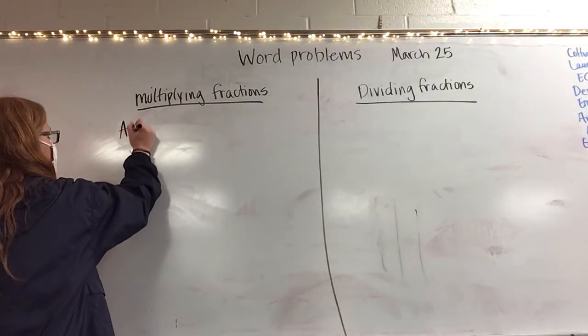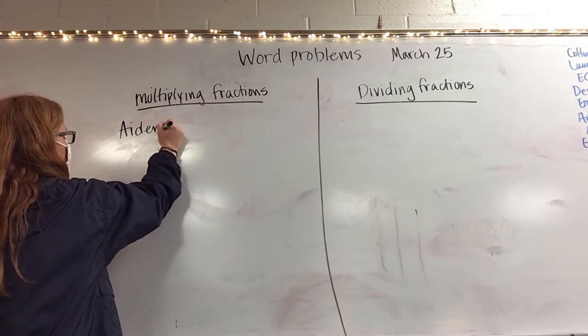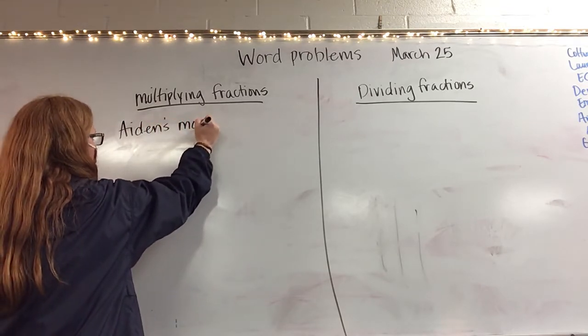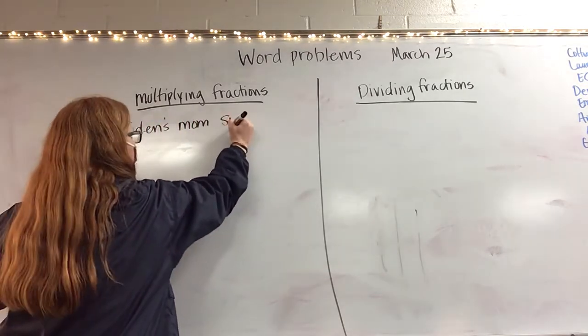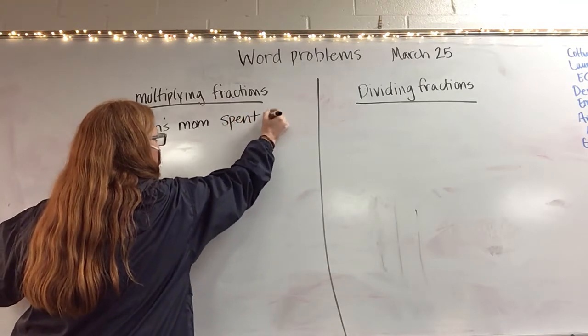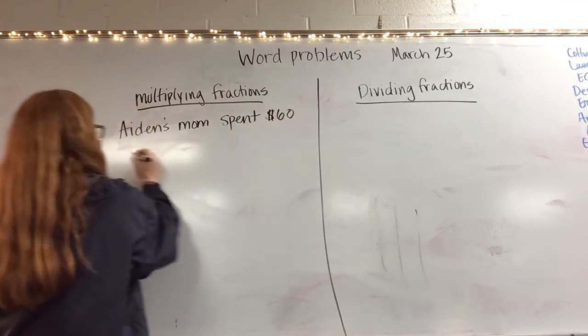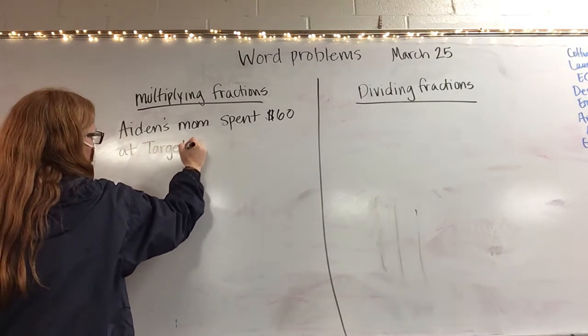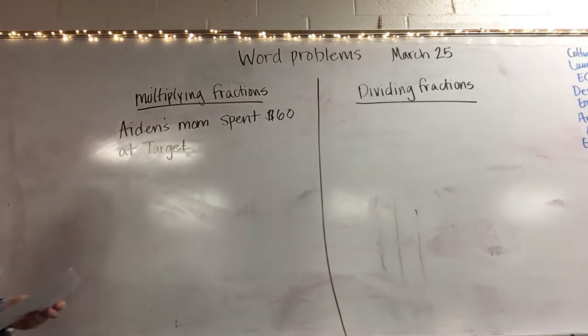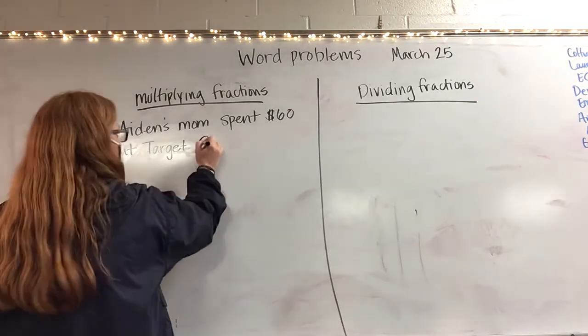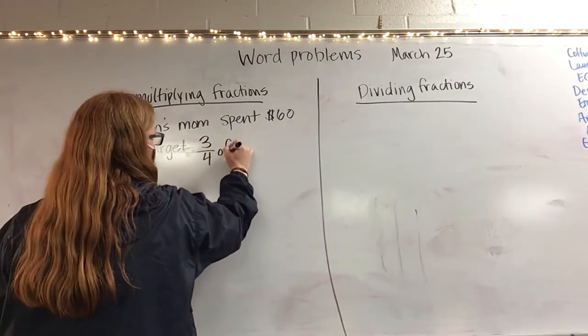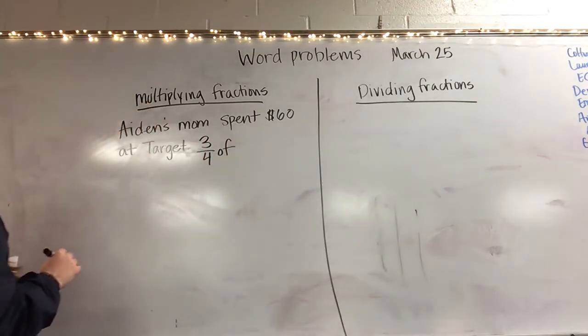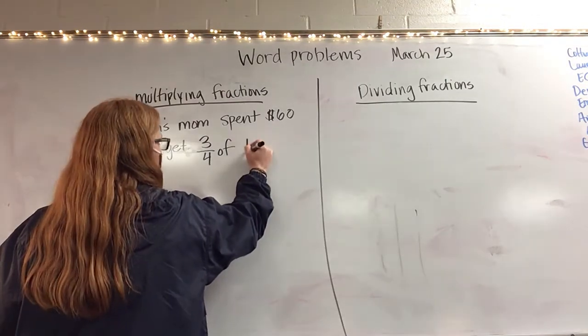Aiden's mom spent $60 at Target. I figured that was about right. 3/4 of that money was spent on groceries.